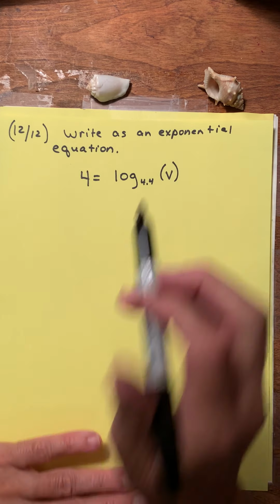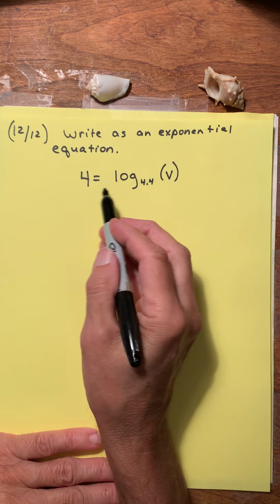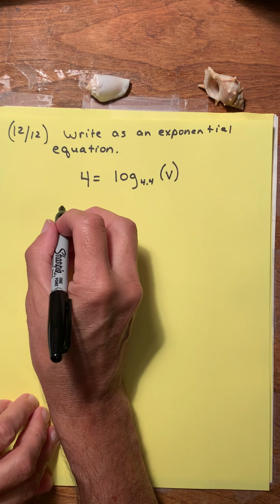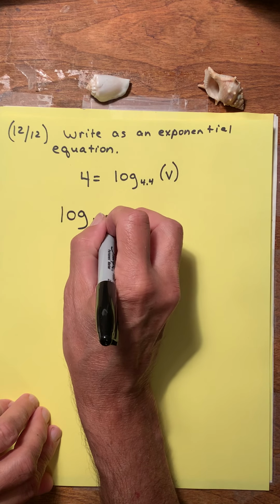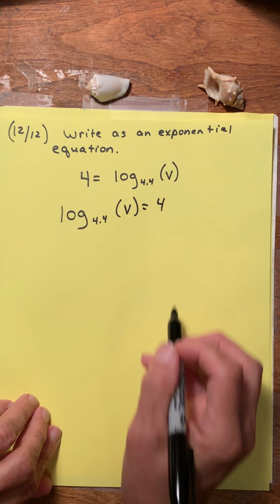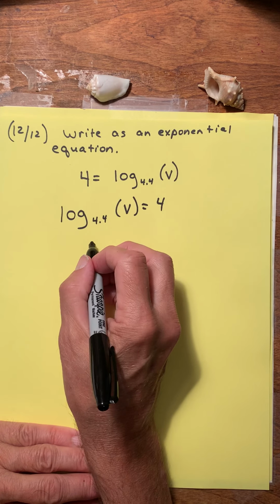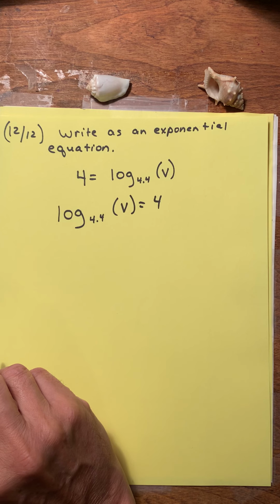One more to go. Write as an exponential equation. All they want me to do is write this as an exponential equation. Now we usually have it the other way, so let me write it the other way, just so it looks more familiar. Log base 4.4 of v equals 4. All right, put it in exponential form. What to what power equals what?